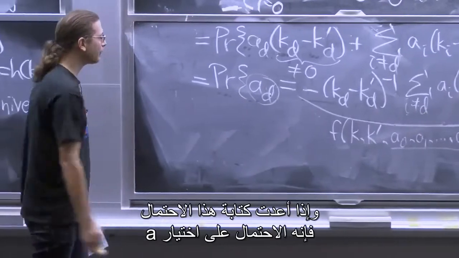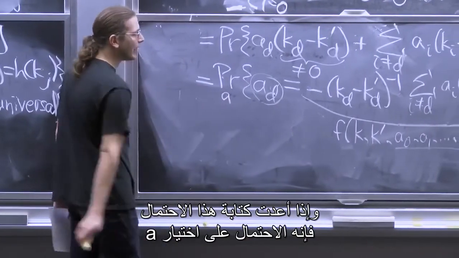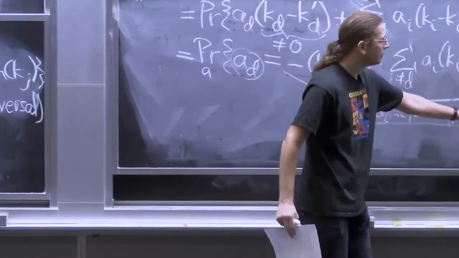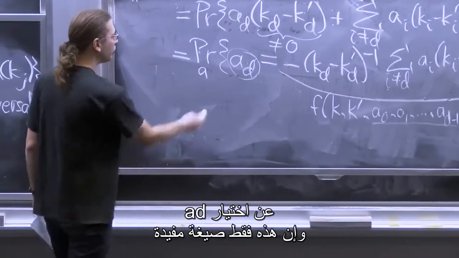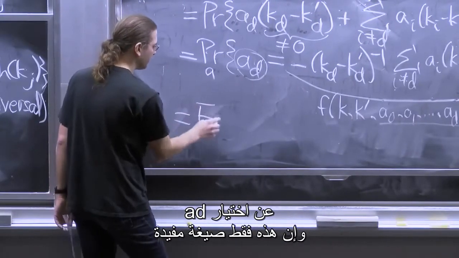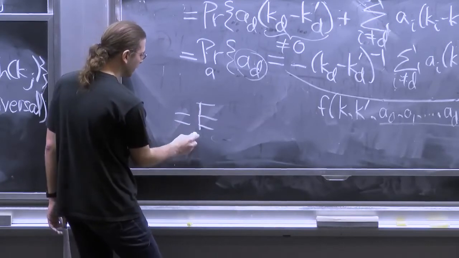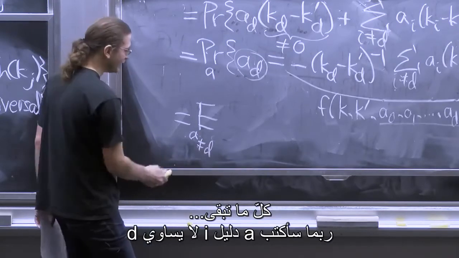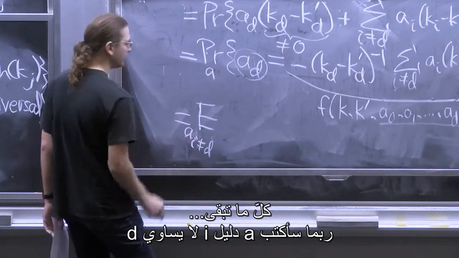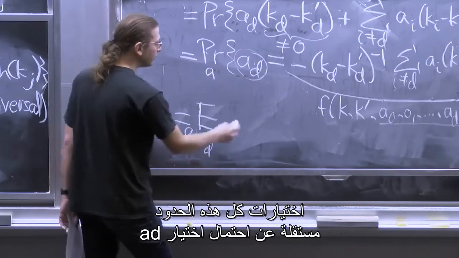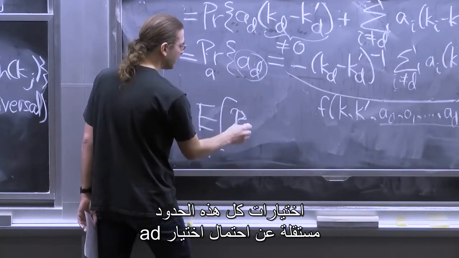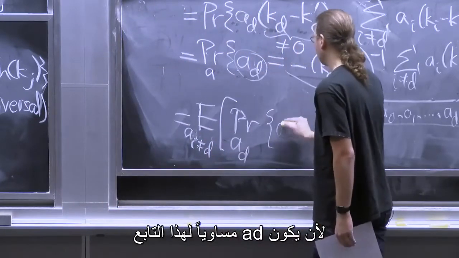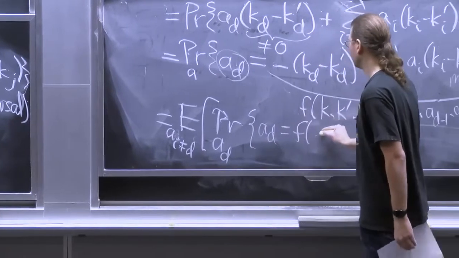It's something. And if I rewrite this probability, this is the probability over the choice of A, I can separate out the choice of all these things from the choice of AD. And this is just a useful formula. I'm going to write A sub I not equal to D, all the choices of those guys separately, from the probability over choosing AD of AD equal to this function.